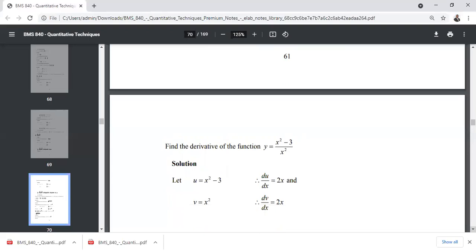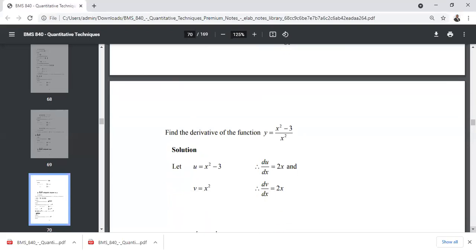Let's say if that is the case, we have another one here. Du dx is 2x, and our dv over dx is equals to 2x because it is still x squared. So again, I supply in the formula.